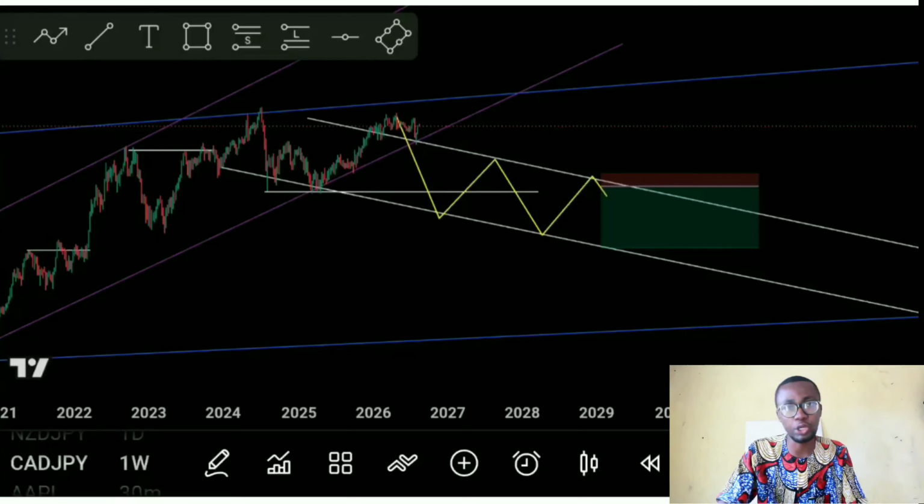So draw out what you are expecting to happen before you can buy or sell, so that you know what you are waiting for, right? I like using my drawing tool to draw out what I want the chart to do. If it does it, I will enter a buy or a sell. But if it doesn't do it, I'm away.